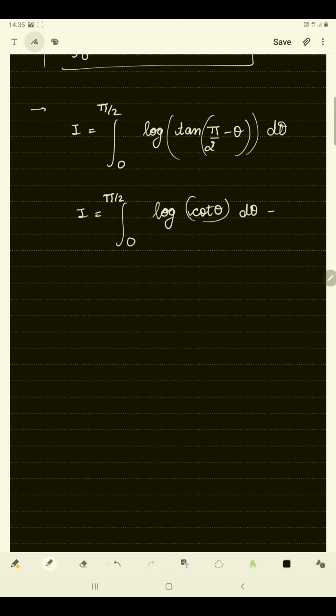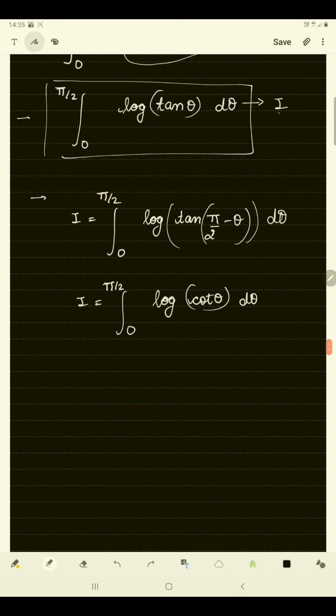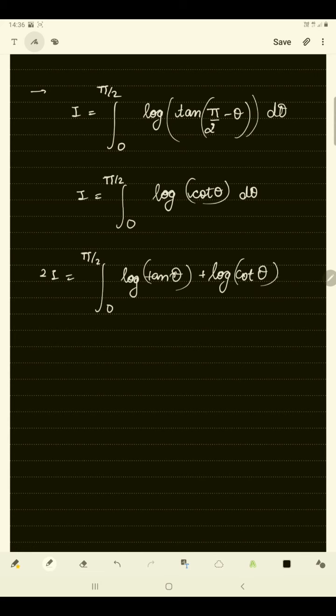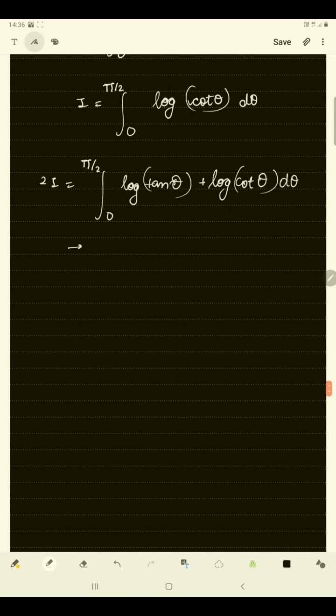This is again equal to I, and we have an I over here, so adding both of them we get 2I is equal to 0 to pi by 2 log of tan theta plus log of cot theta d theta. Applying the logs property, log a plus log b is equal to log of a into b.